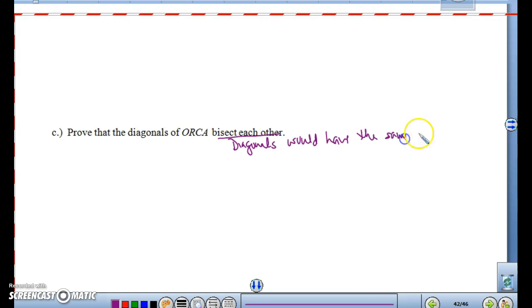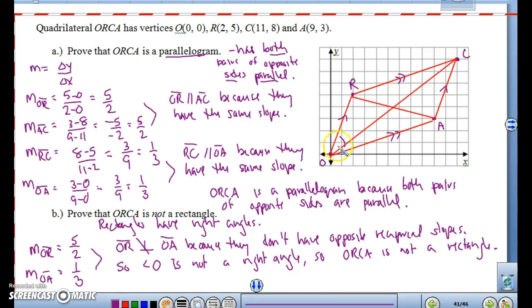The same midpoint. So we need the midpoint formula. We have to find the midpoint of the diagonals. So the midpoint formula, remember, is x1 plus x2 divided by 2, y1 plus y2 divided by 2. So the midpoint of OC, that's my first diagonal, that would be this one right here. We have to use the coordinates of O and C, add them together.